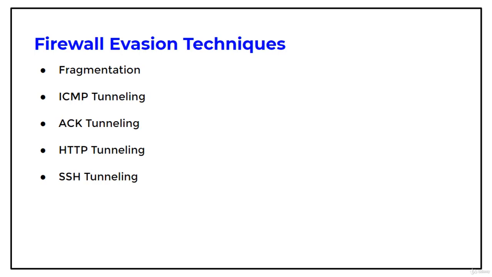HTTP tunneling is the technology which allows attackers to perform various internet tasks despite the restrictions imposed by firewalls. And finally, SSH tunneling, in which attackers use OpenSSH to encrypt and tunnel all the traffic from a local machine to a remote machine to avoid detection by perimeter security controls.